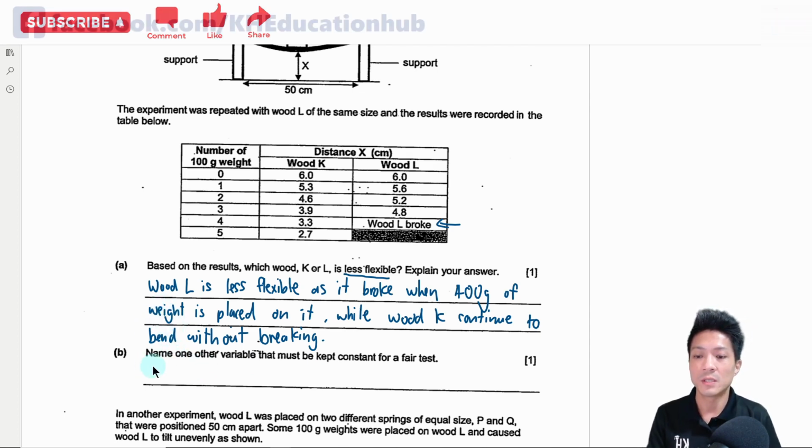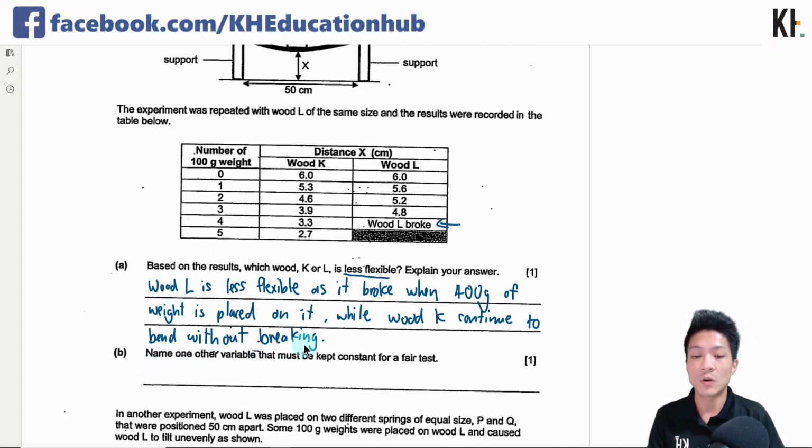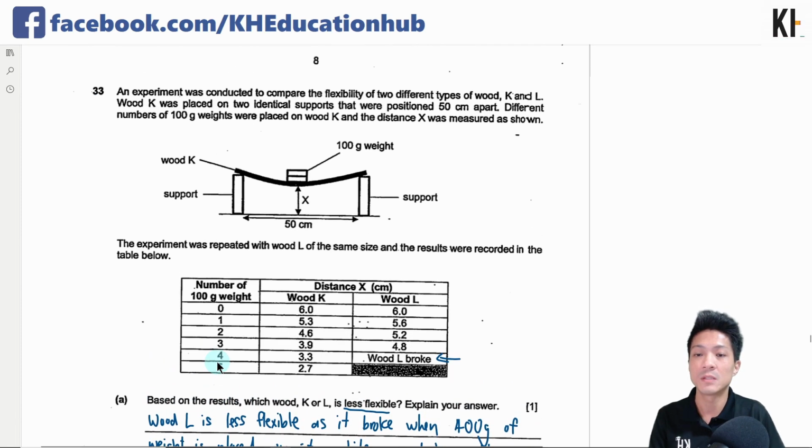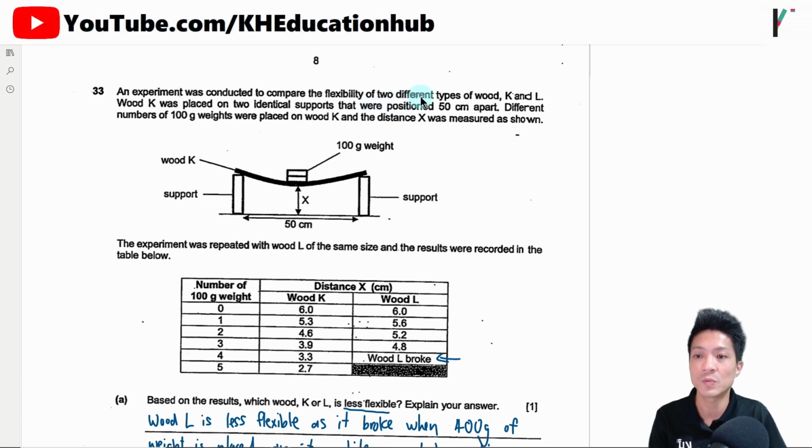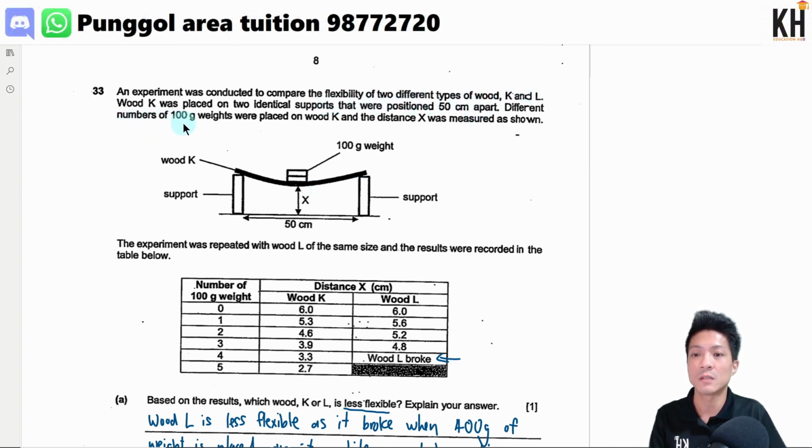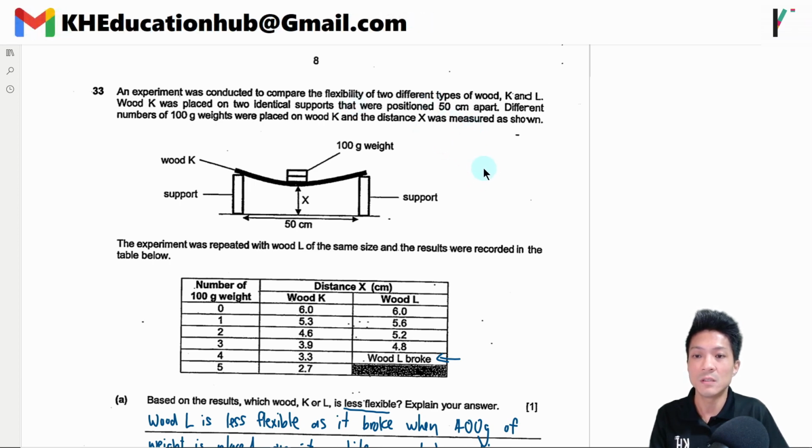Okay, for part B, name one other variable that must be kept constant for a fair experiment. So it says other variable. Let's read through to see what kind of variables were provided in the question. Two identical supports positioned 50 cm apart, different numbers of 100-gram weights were placed on wood K. So probably they did not mention the thickness of the wood.